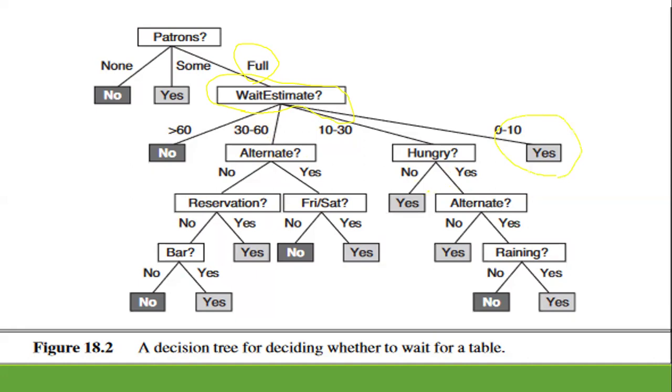If you're hungry, yes, we're going for the alternate options, whether it's raining outside, yes or no. And if you're looking for an alternate restaurant, then we are going to check the day, reservation, and bar facilities available.